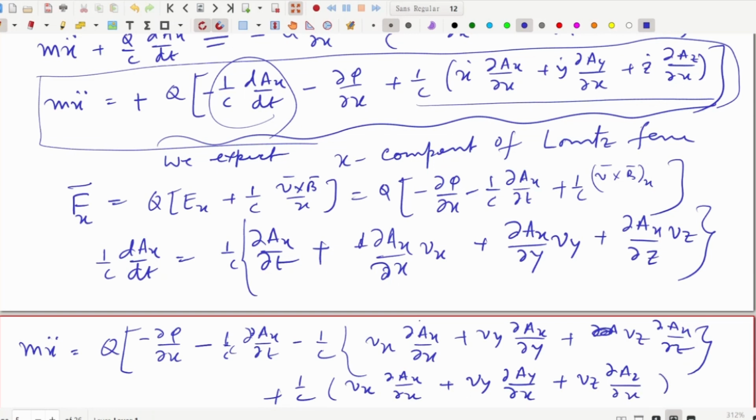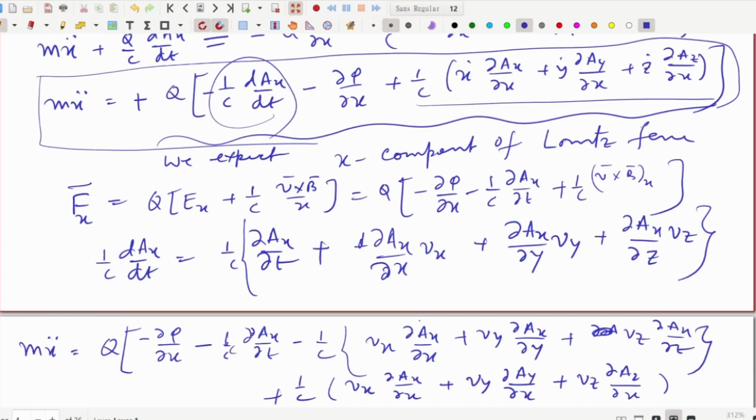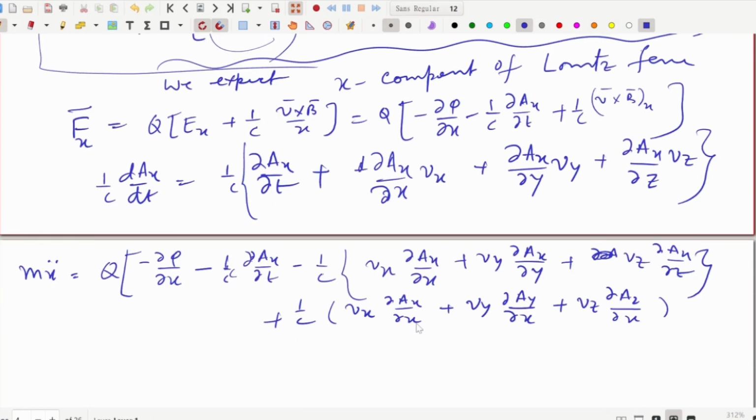Now we expect some cancellation. Let me see whether I have written it correctly. This is a plus term and the earlier term is minus, so let us mark the terms which cancel. There is a minus sign here, v x ∂Ax/∂x, so this is minus sign, this is plus sign.